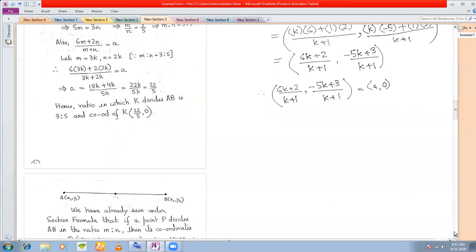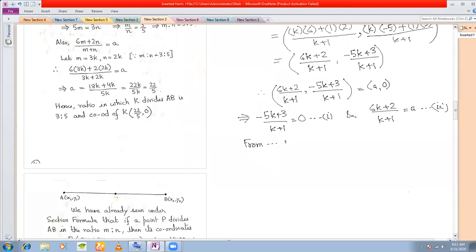That means the y coordinate must be, that is, minus 5k plus 3 by k plus 1 is equal to 0. Call this 1. And we have 6k plus 2 by k plus 1 is equal to a. Call this 2.